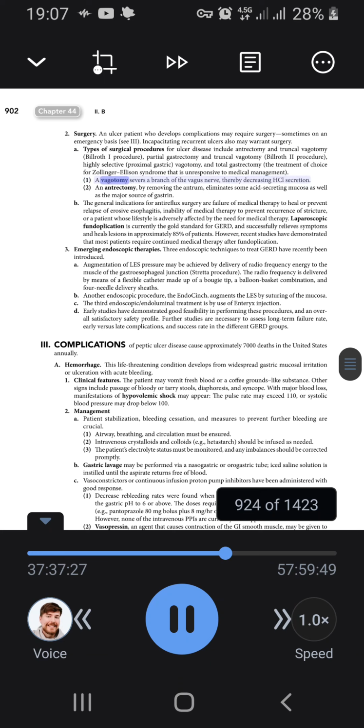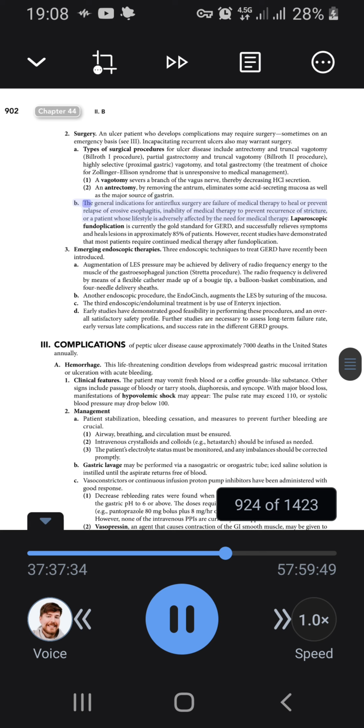A vagotomy severs a branch of the vagus nerve, thereby decreasing HCl secretion. 2. An antrectomy, by removing the antrum, eliminates some acid-secreting mucosa as well as the major source of gastrin.